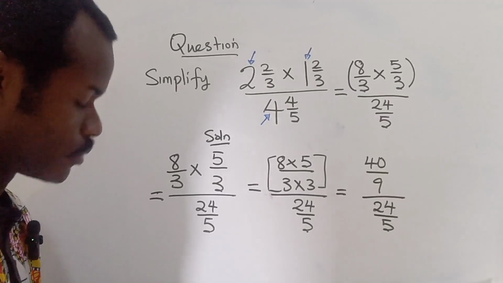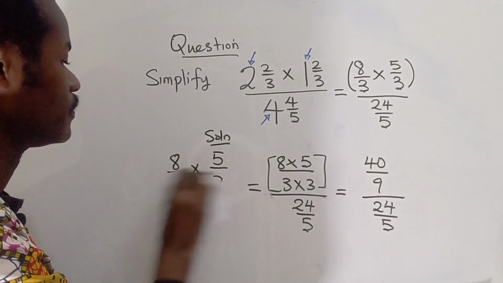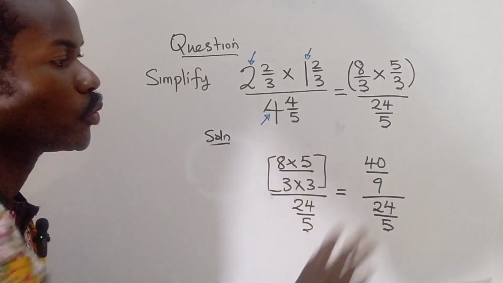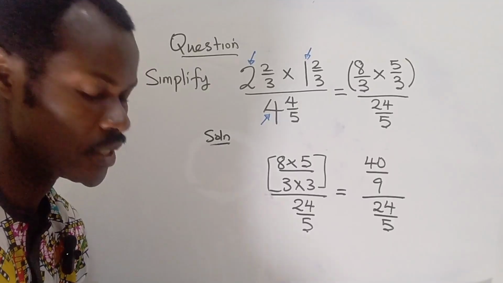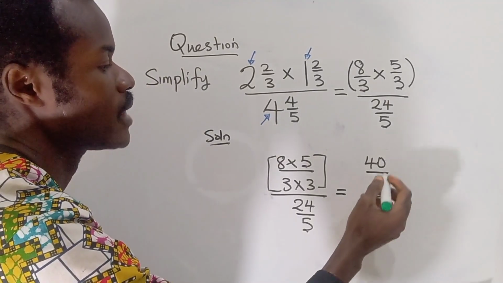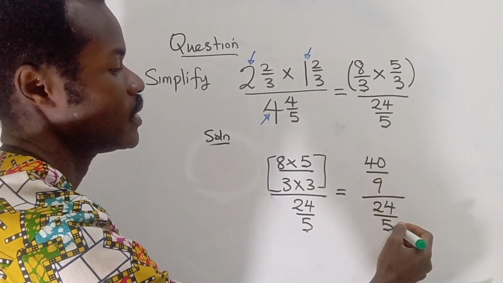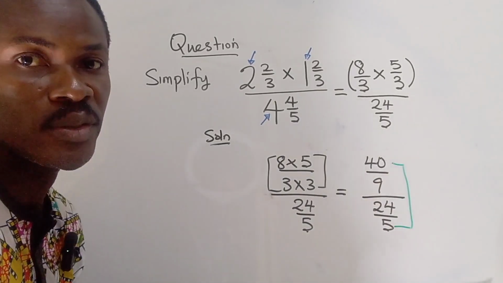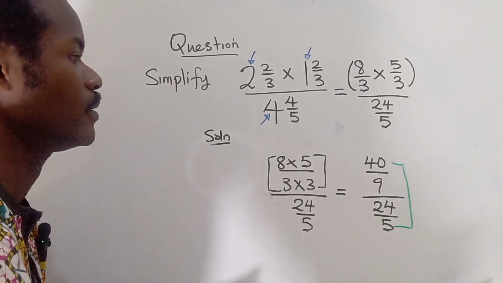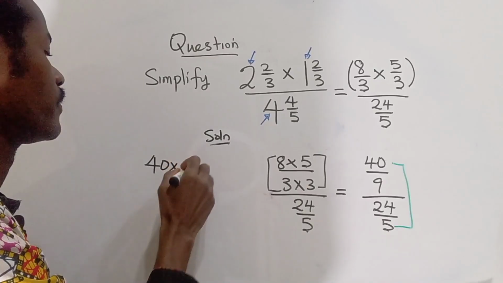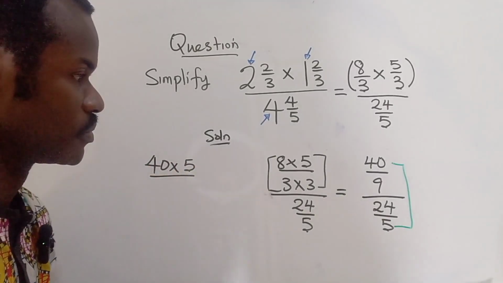So from that step, we can now solve further. How do we solve this further? Now, there is an easy way we can do that. We can multiply this: 40 multiplied by 5.